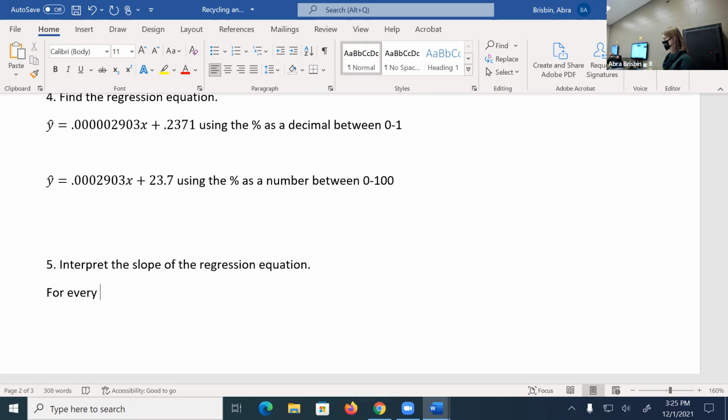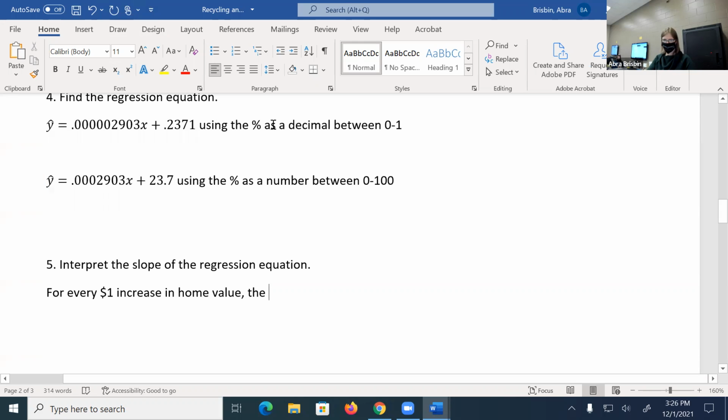For every $1 increase in home value, recycling goes up 0.00904. You were using the decimal or the number between 0 and 100? I was using the decimal, but then I think I switched.